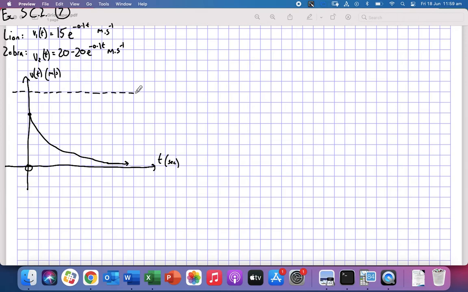Well, there'll be a point where their velocities are equal, which is interesting. 20 meters per second, which is, I guess, pretty quick. It really is quite quick, actually. It's like 70 kilometers an hour or something. Anyway, he's coming up like that, right? Or she.